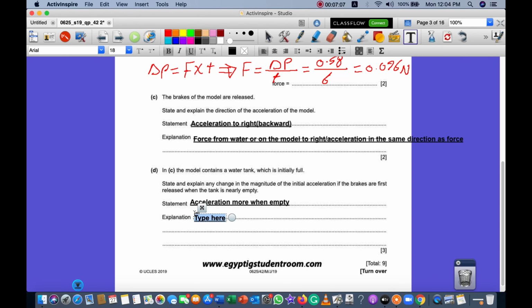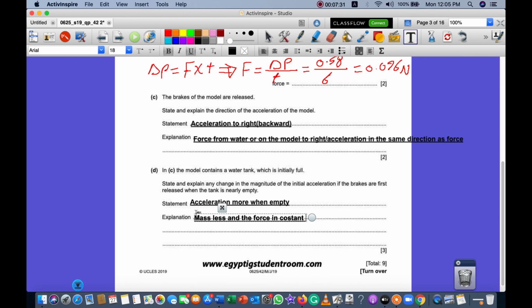Because the mass is less, and the force is constant.